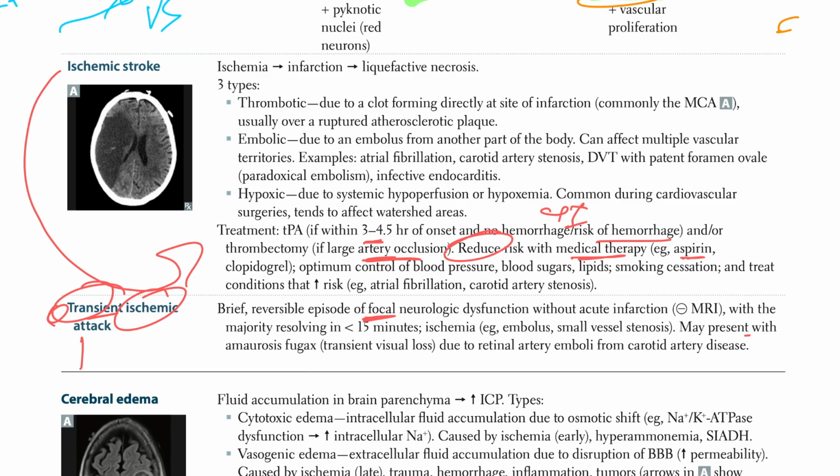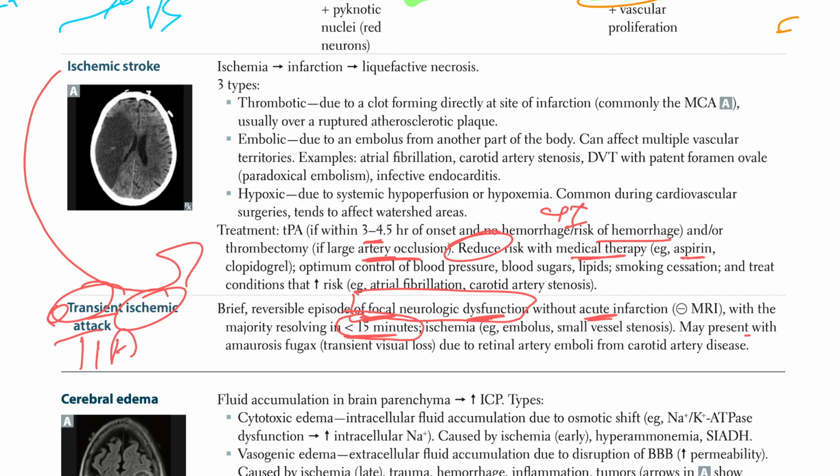But that wasn't enough to cause infarction. So TIA, high yield, is going to present with some focal neurological deficit, which would come back. Those deficits, meaning the neurological dysfunction, will become normal after about 15 minutes. So those deficits last just 15 minutes. Okay.